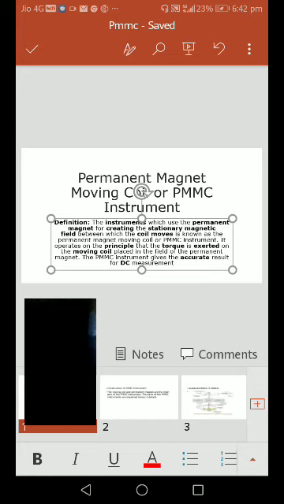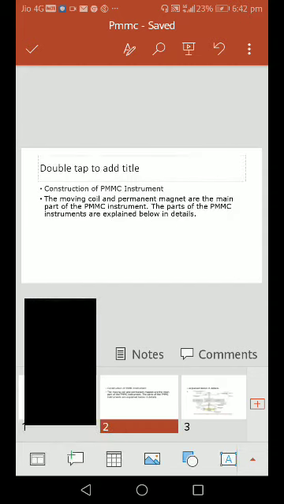The instrument gives accurate results for DC measurements. The moving coil and permanent magnets are the main parts of the PMMC instrument.